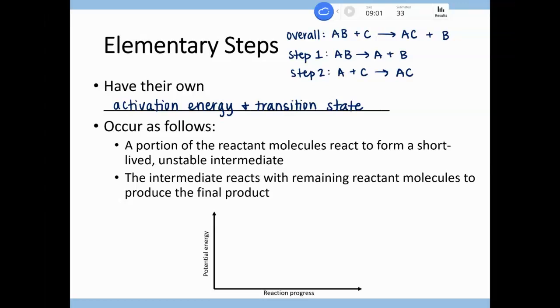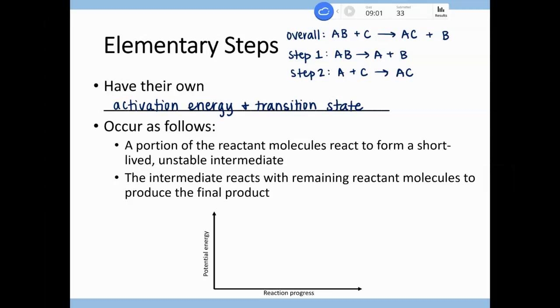Looking at this example, step 1, a portion of the reactant, meaning AB, is reacting to form A and B. B is a final product, but A is not a final product. That is the unstable, short-lived intermediate that then reacts with C. So the intermediate reacts with remaining reactant C to produce the final product, AC.